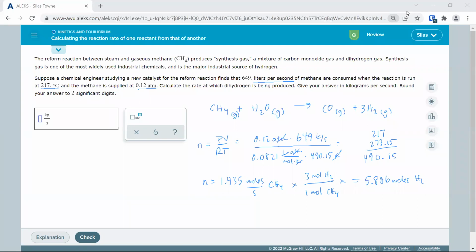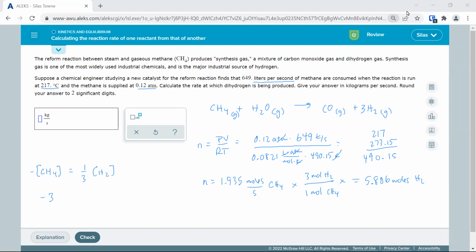The other way would be to say the rate of CH4, so negative, is equal to 1/3 of H2. And so then I would solve for the rate of H2 by multiplying by 3.